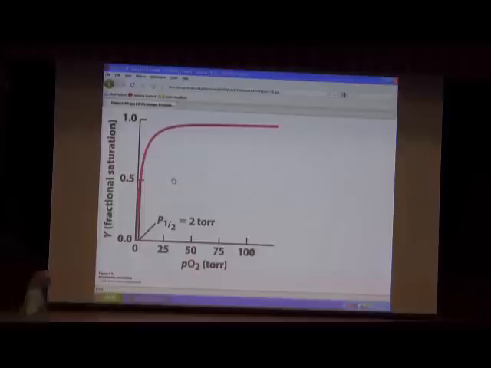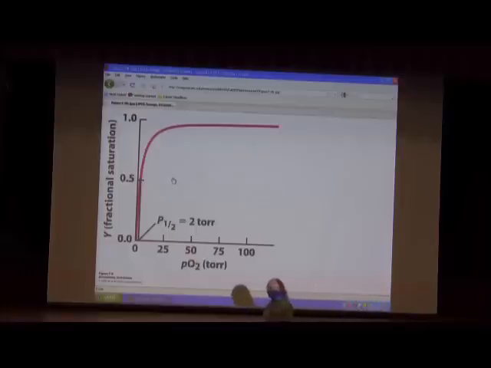What that tells us is that myoglobin has very strong affinity for oxygen. It sees oxygen, it loves to bind to it. And that's a really good quality for a storage protein. In your muscles, myoglobin functions as a sort of reservoir for oxygen. It's sitting there holding on to oxygen.